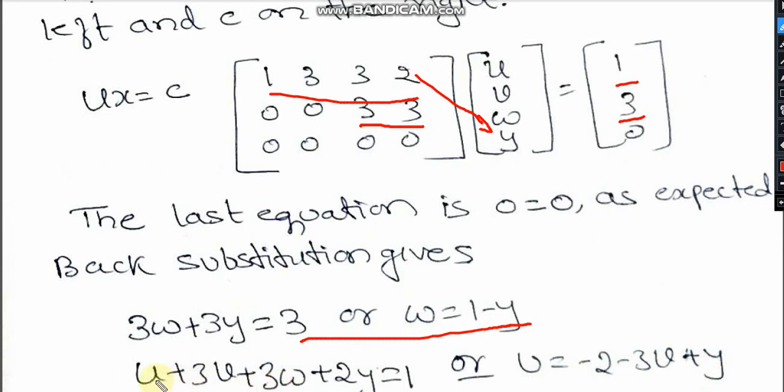So here what we are doing, u equals 1 minus 3v minus 3w minus 2y, and we are substituting the w value from this expression, w equals 1 minus y. If you simplify, you will get minus 2 minus 3v plus y. So you can see here w and u are the pivot variables, whereas v and y are the free variables.